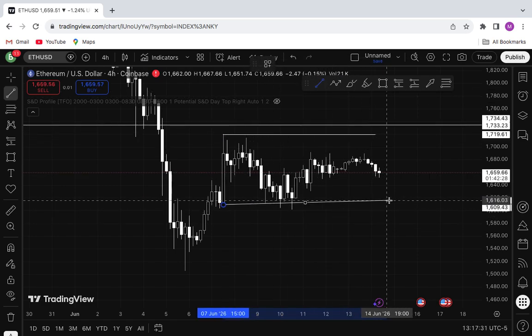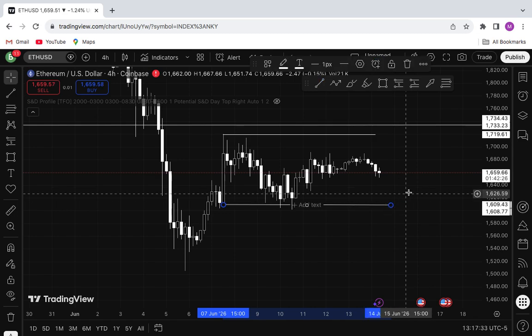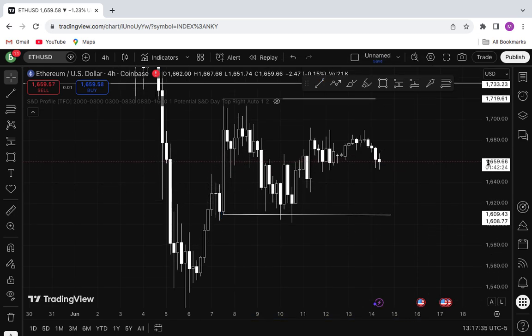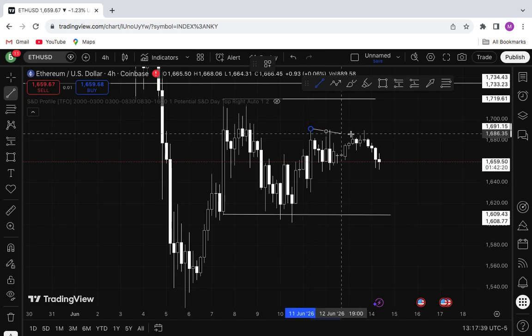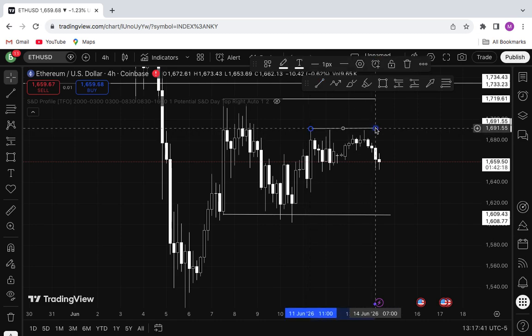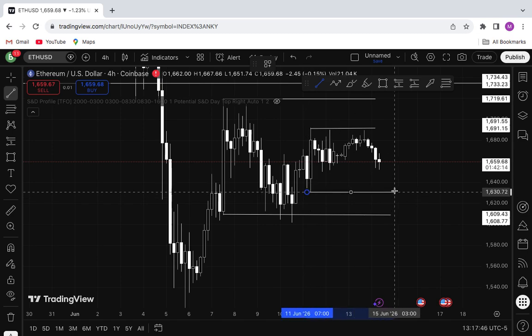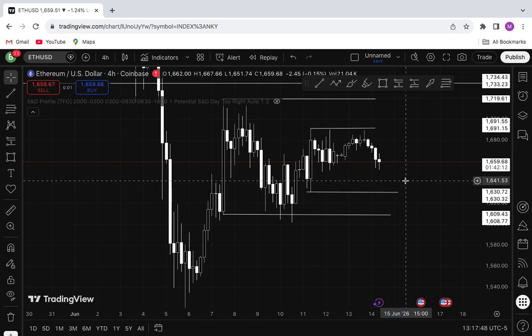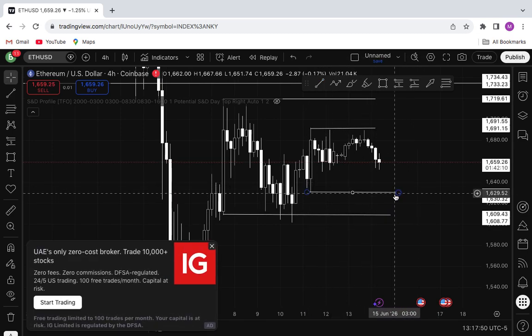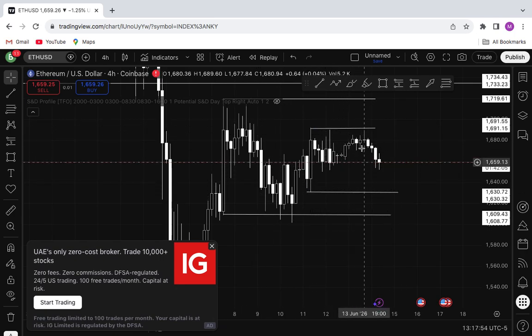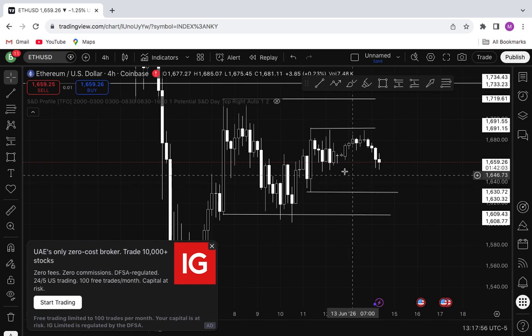As you can see, we have this range, and we have again an internal range. So we have two ranges, an internal range up here, and this internal range. Which range am I looking at? I am looking at this internal range.